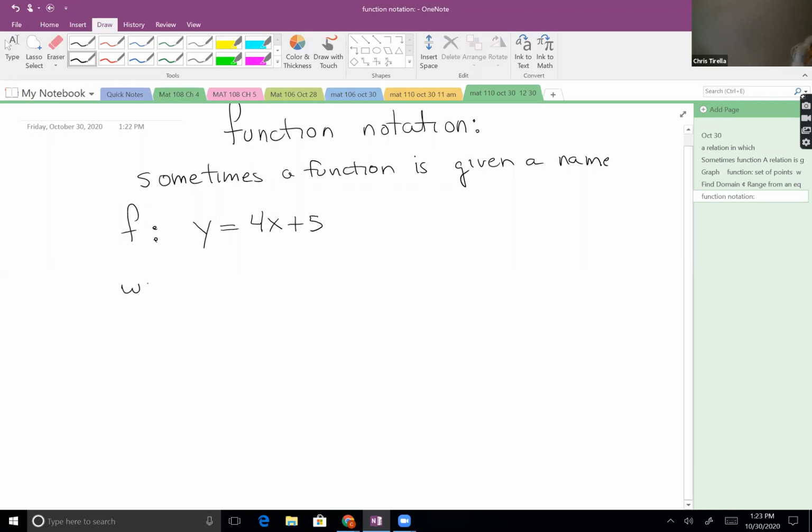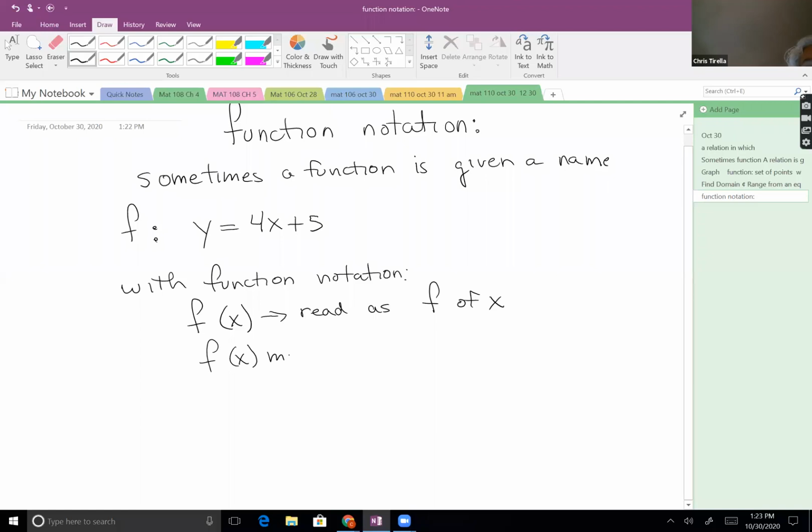With function notation, we could write that as f parentheses x, and that we read as f of x, and f of x just means y. And so f of x is actually the y value.